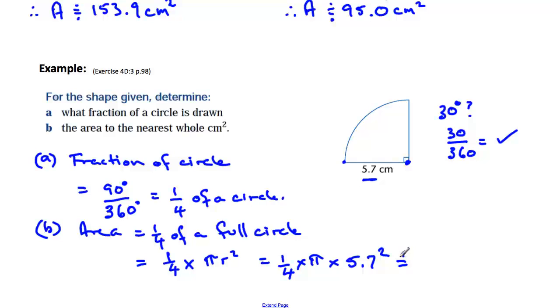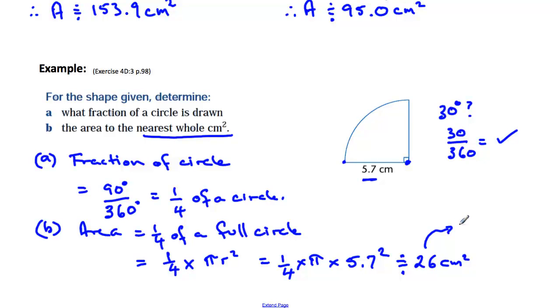So our area is approximately equal to, in this case, 26 centimeters squared. And you'll notice that it's rounded to the nearest whole centimetre. You can check this out.